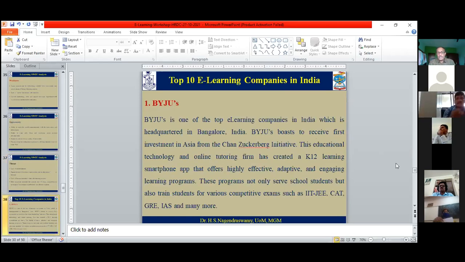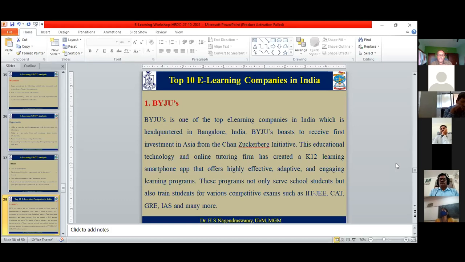With this, now let's look at some of the top e-learning companies in India. I think a few of these companies are already familiar to you, because whenever you are watching news or any programs, in between in advertisements, you can see the Byju's online classes, right? So Byju's is one of the top e-learning companies in India, headquartered in Bangalore, India. Byju's boasts to have received the first investment in Asia from the Chan Zuckerberg Initiative.